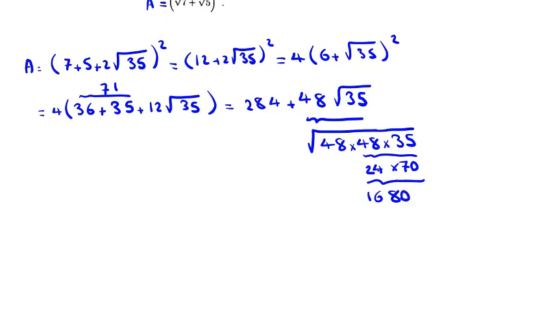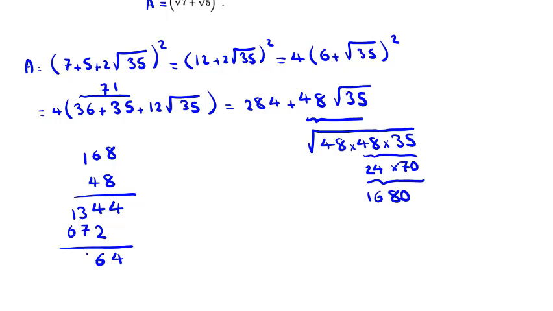Now, if we multiply 48 by 48, 8 times 8, 64, 6. 8 times 6, 48 plus 6, 54, we have 5. 8 times 1 plus 5, 13. 4 times 8, 32, we have 3. 4 times 6, 24, 27, we have 2.